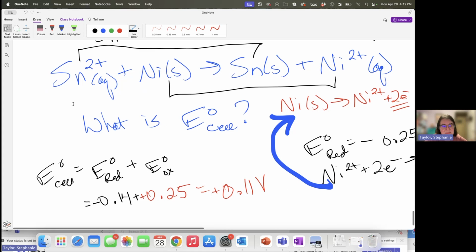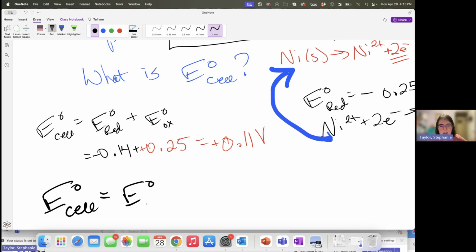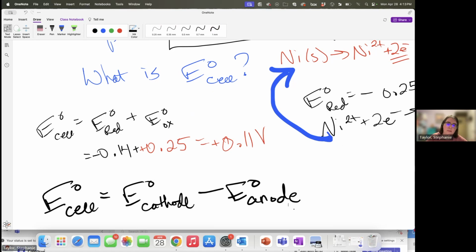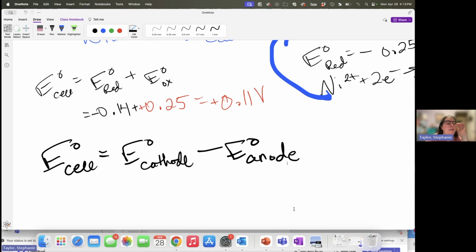All that being said, in your textbook, I think, it might be ALEKS as well, there's a different method. And it says the cathode minus the anode. In which case, they mean the voltage of the reaction happening at the cathode minus the voltage of the reaction happening at the anode.